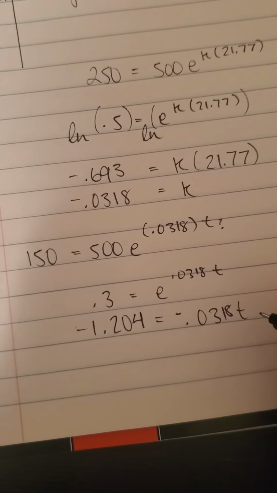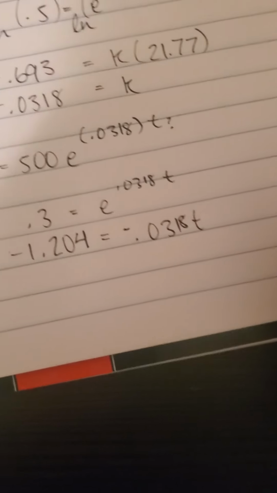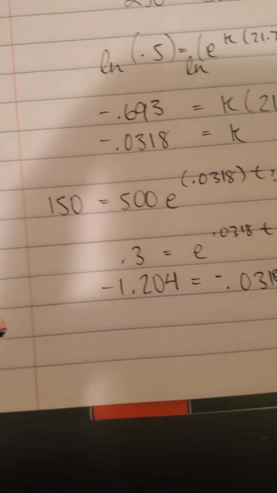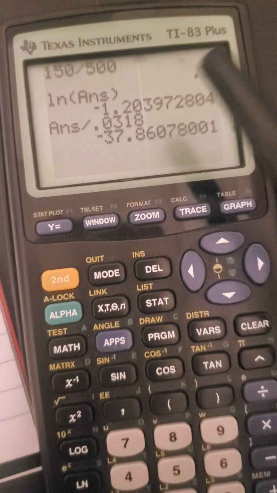And this is also negative because we solved and found that it was negative, and we know that the result is going to be time, which is positive. Time can't be negative unless you're getting theoretical. So let's divide this answer right here by 0.0318. Just pretend that negative isn't there because I didn't divide it by a negative number.